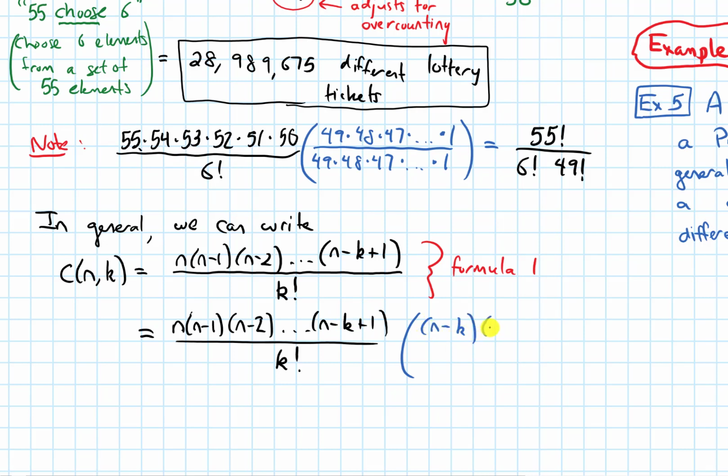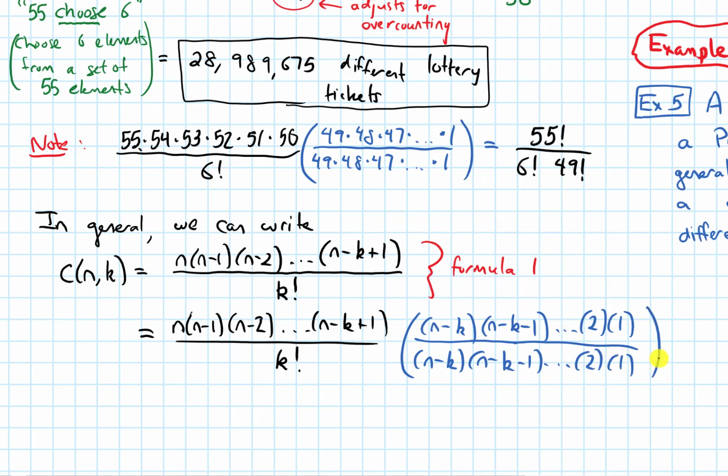And if I subtract 1 again, we get n minus k minus 1. If we keep doing that, eventually we're going to get down to 2 and then down to 1. Let's multiply by the same thing on the bottom: n minus k times n minus k minus 1, times 2 times 1. Let's close that parentheses. Now on the numerator, I have a perfect factorial, n factorial. And on the denominator, we have k factorial, and then the other stuff on the denominator becomes n minus k factorial.